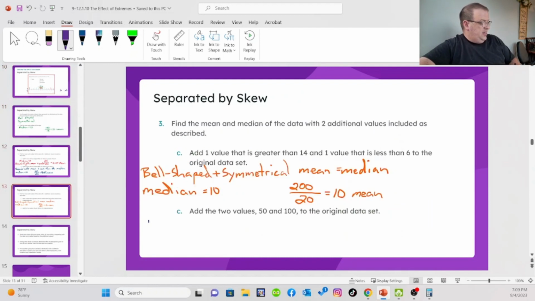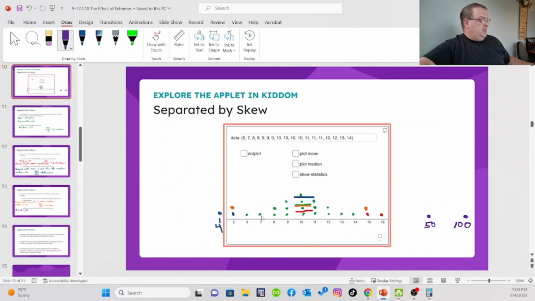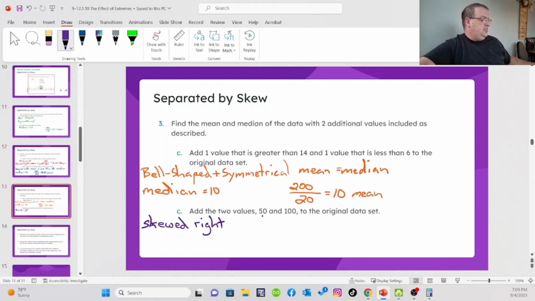So we're going to say skewed right. My median, because I added 2 points to the right, is only going to move 1 point. So instead of it being here where the green and orange are, it's going to be here, the same spot the red was. But my median is still 10. It hasn't changed.